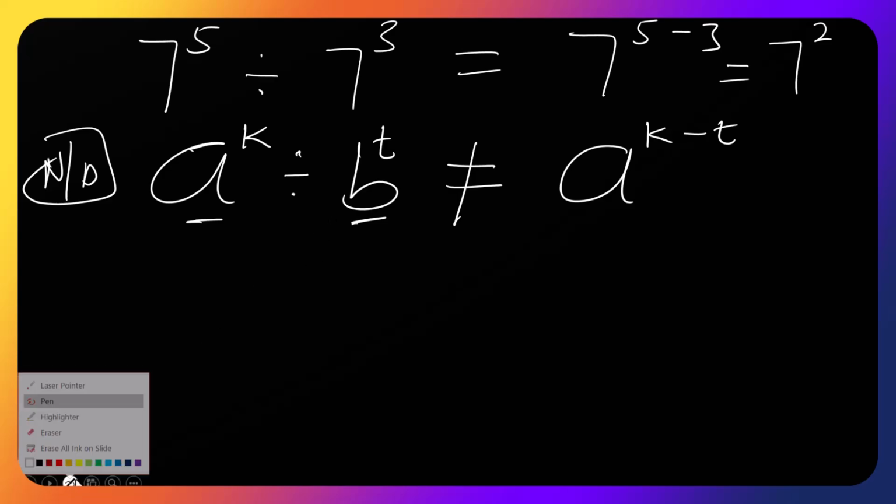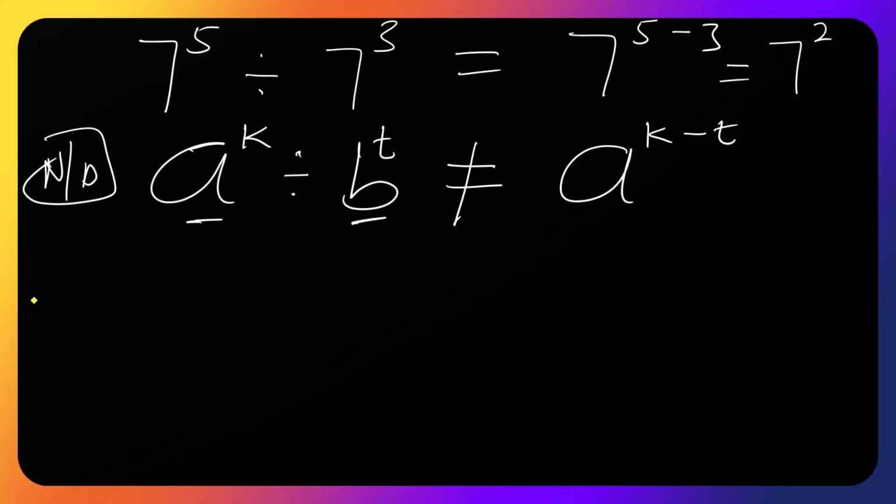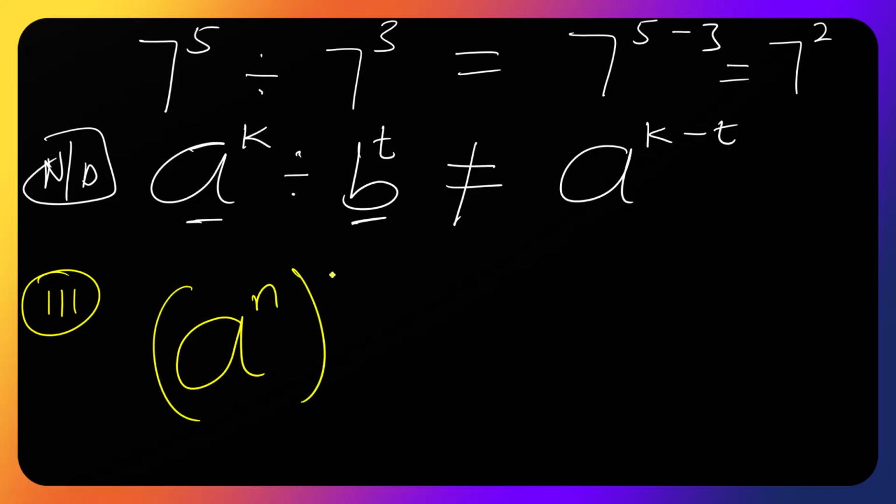Now let's talk about the power of a product of numbers. Let's observe this: A exponent n, or exponent k. So we have two variables here. This one is a pair and this one too is a pair. Once they meet like this, they can multiply.